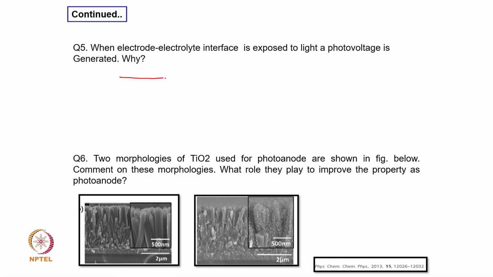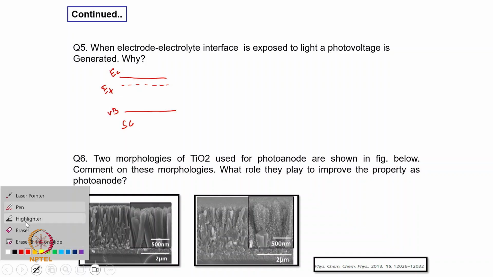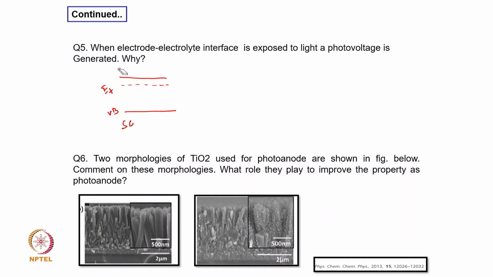What we have discussed is the semiconductor with valence band, Fermi level and conduction band, and then we have an electrolyte with E redox.